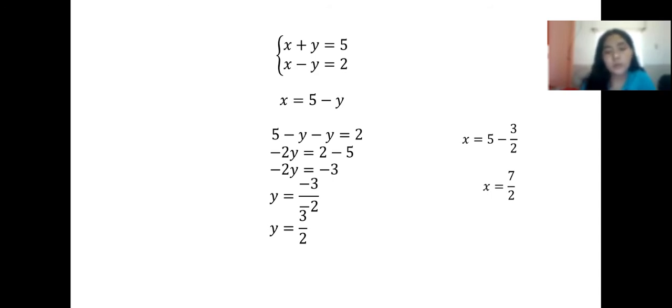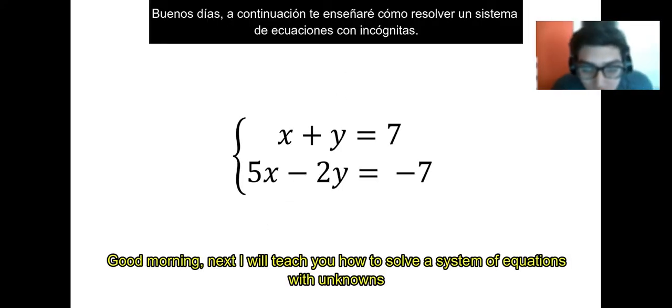Plus 2y equals plus 3. y equals 3 over 2. y equals 3 over 2. X equals 5 plus 3 over 2. X equals 7 over 2.